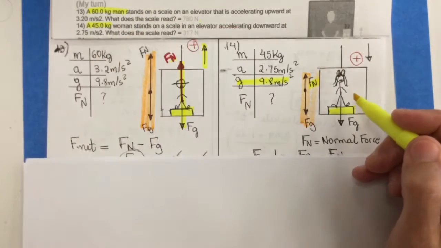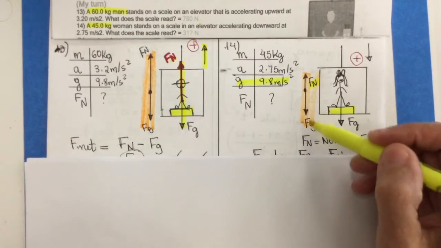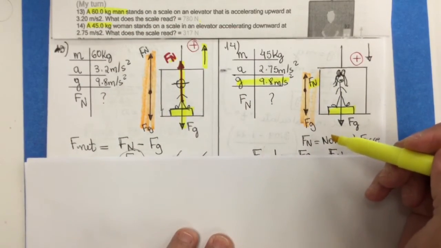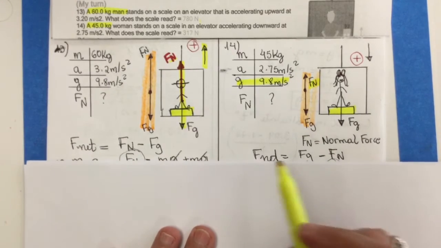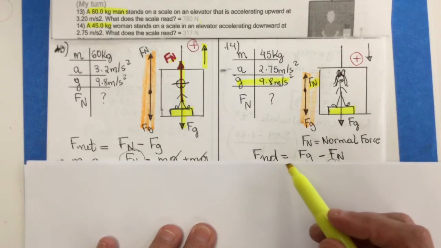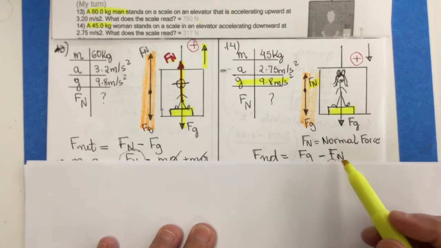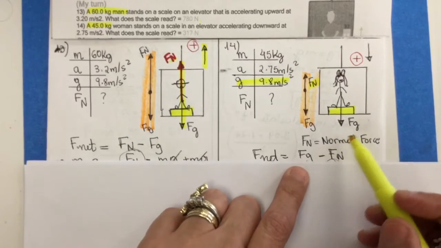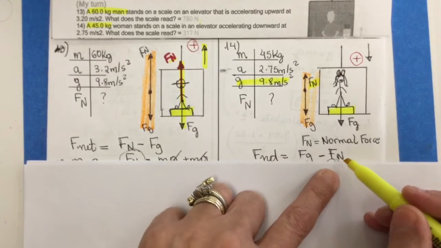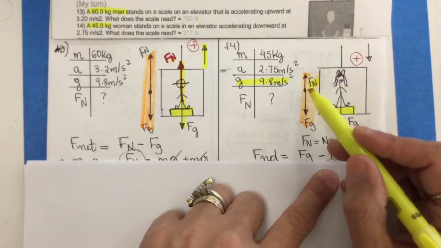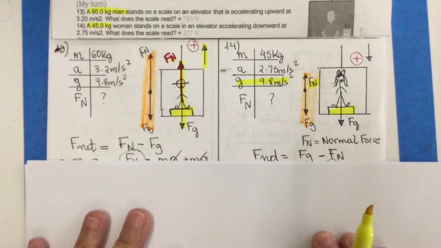But because the system is not in equilibrium, those forces are not equal. We are going to do the same equation setup. Fnet is equal to Fg minus Fn, because now Fg is positive since it's in the same direction as the motion, and Fn is negative because it's in the opposite direction of the motion.